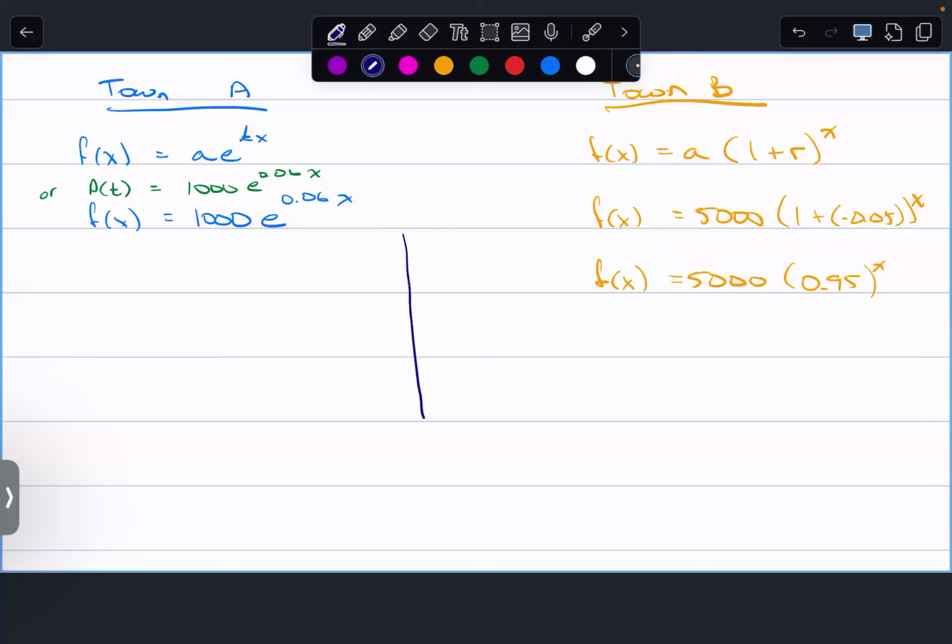So we can sketch the graph if you want. Maybe you don't want. When x is 0, it's going to be at 5,000, and it's going to be decaying, and town A is going to pass through at 1,000.